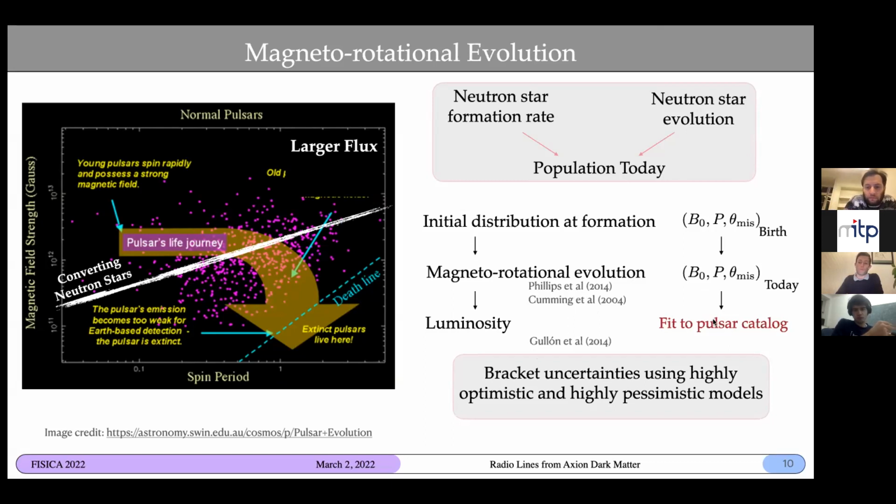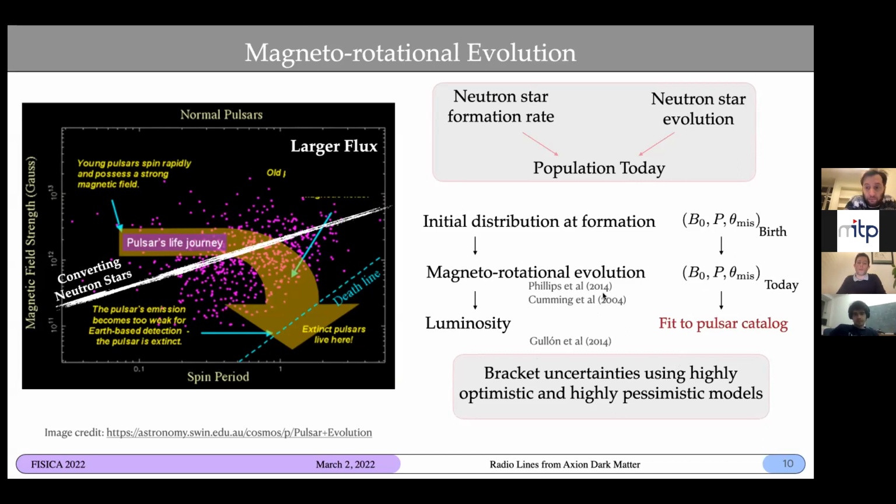and you can fit those to a pulsar catalog. The biggest uncertainty here is entering through these magneto-rotational evolution models, and in particular with respect to the magnetic field decay. This is something that's certainly an active area of research and an active area of debate.